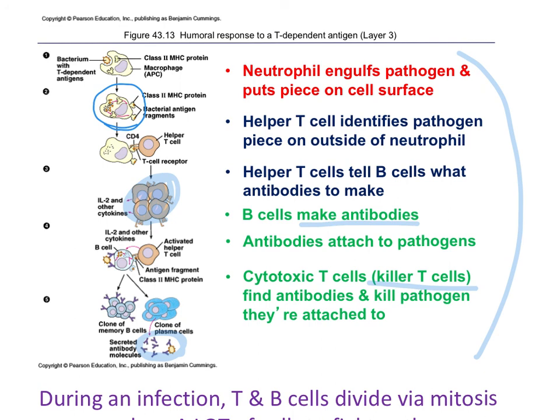So pathogens can be pretty tricky themselves, and they can change what they look like so that the immune system no longer recognizes them. If you've ever gotten a flu shot, you need to get a flu shot every year. And that's just a guess. The scientists and researchers who made the vaccines are just guessing which strain of the flu they think is going to be the most common one.